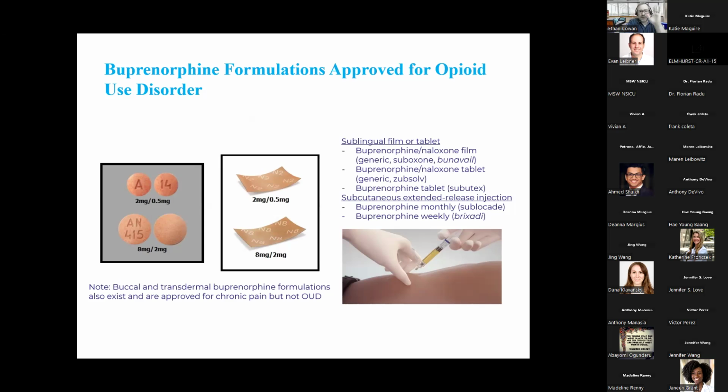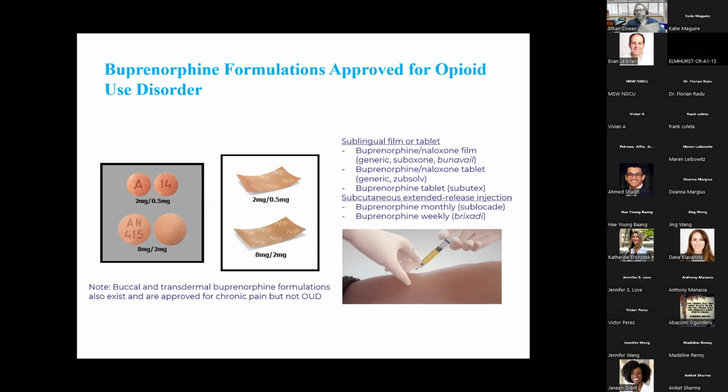I'll talk about long-acting injectable and sublingual separately. The co-formulation with naloxone, just in case people don't know this, the naloxone doesn't have any biologic activity when it's taken the way that it's supposed to be taken. So when patients take Suboxone sublingually, there's very, very little naloxone absorption. The only reason the naloxone is in Suboxone is to prevent misuse.